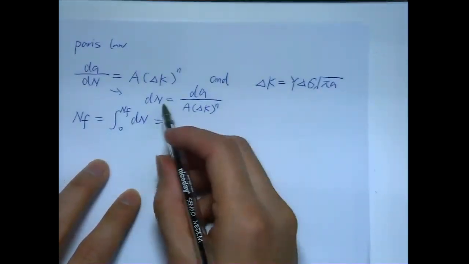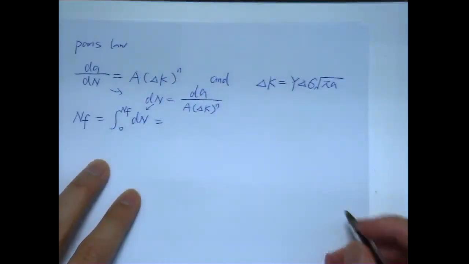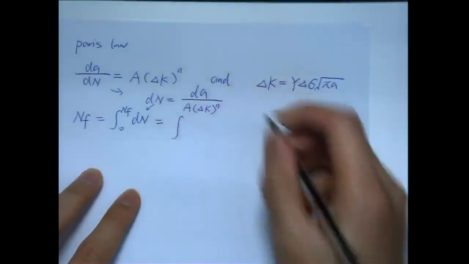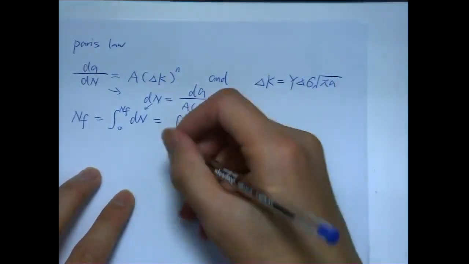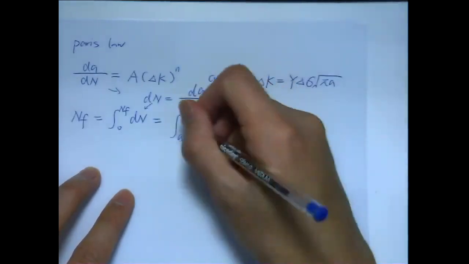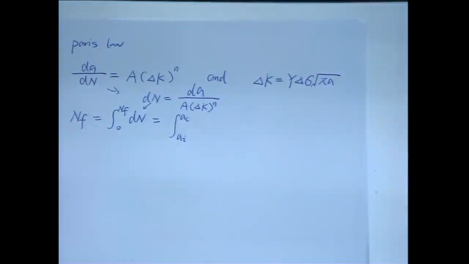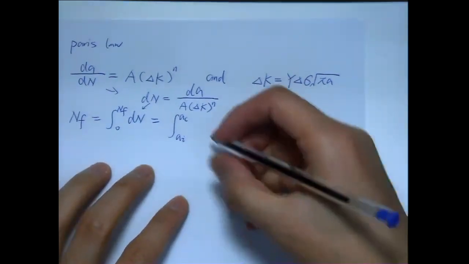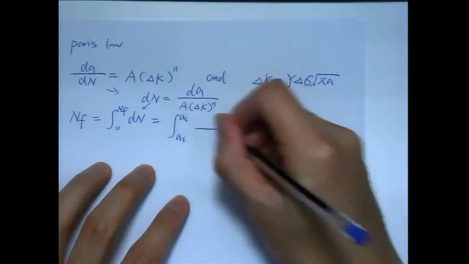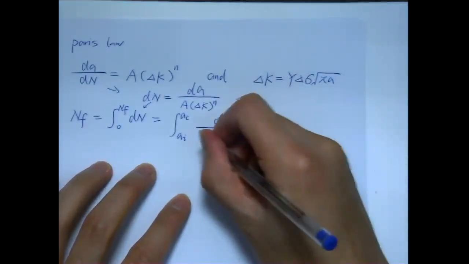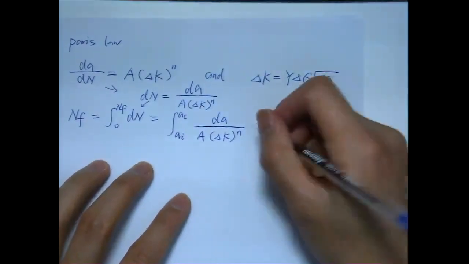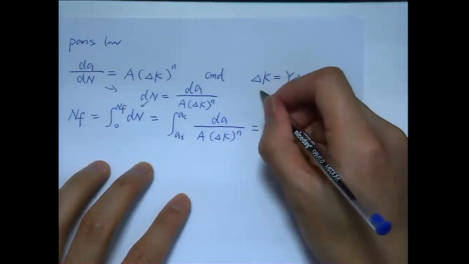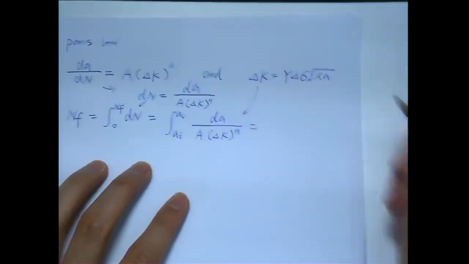So what we need to do is substitute that, and we change the range for the integration, which now is on the crack length. Crack length at the beginning is A initial, at the end is the critical crack length. Now we plug the dN into this equation, delta K to the n. So now the second step is to plug in the delta K in this equation.